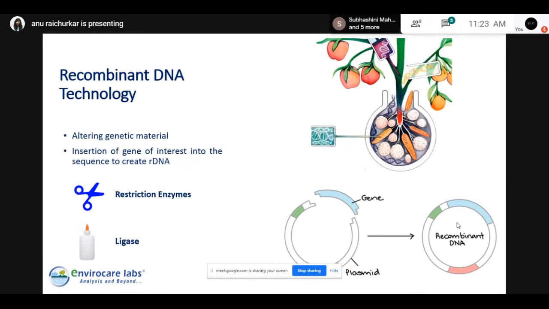Once this recombinant DNA has been created, it is put back into the bacteria and allowed to replicate in order to produce a large amount of the recombinant DNA, as well as the expression of a large amount of the final end product, that is your protein of interest, like for example the cry protein I mentioned over here. That is how recombinant DNA technology works.